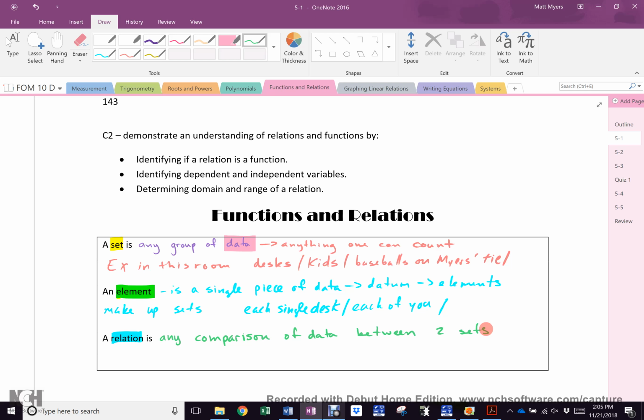Yeah? Okay. Now, what is the set of ties in this room? 1. Can I relate that set to the set of baseballs on that tie? Yes. There is 1 tie, and there are 32 baseballs.